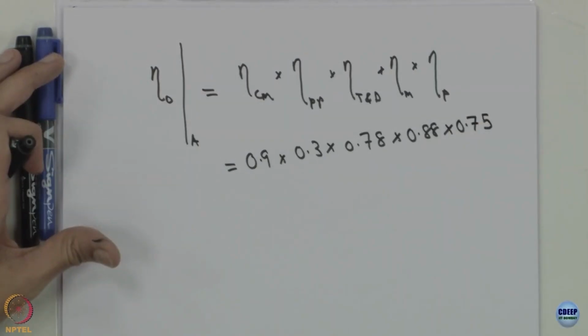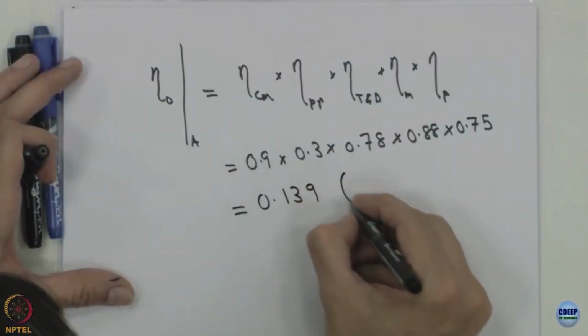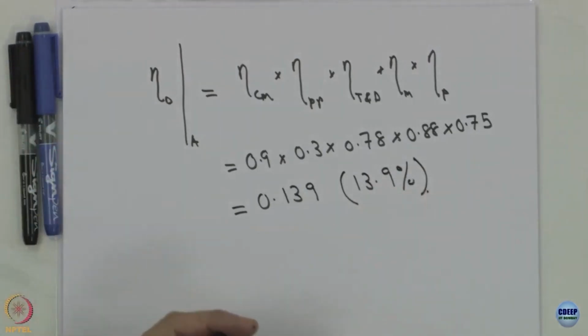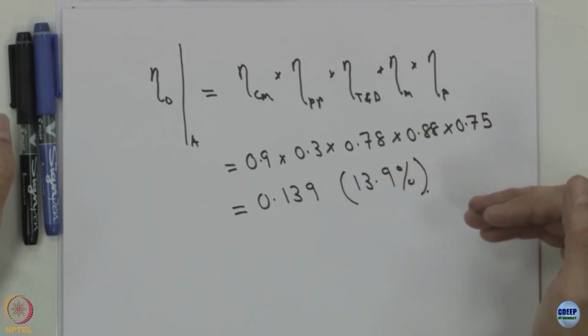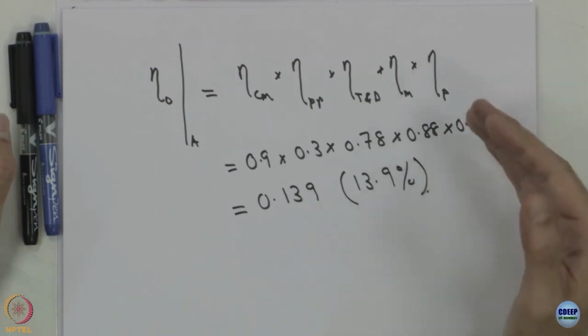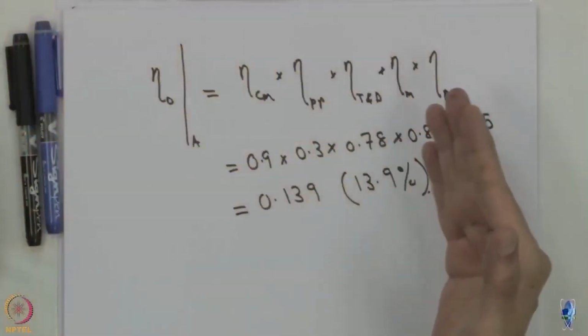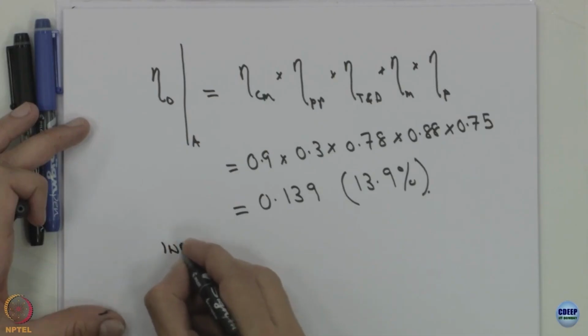And if you check this, this comes out to be 13.9%. So we saw that from the point of view of the end user, 66% is the overall efficiency at the farmer site. But if you look in terms of primary energy, this is going to be 0.139, and we can also then see how much is the input primary energy required.